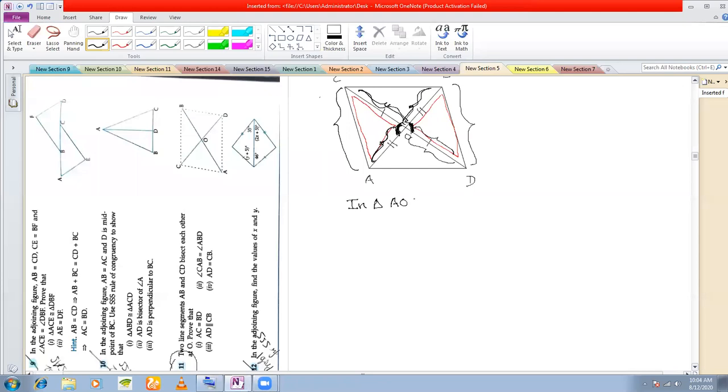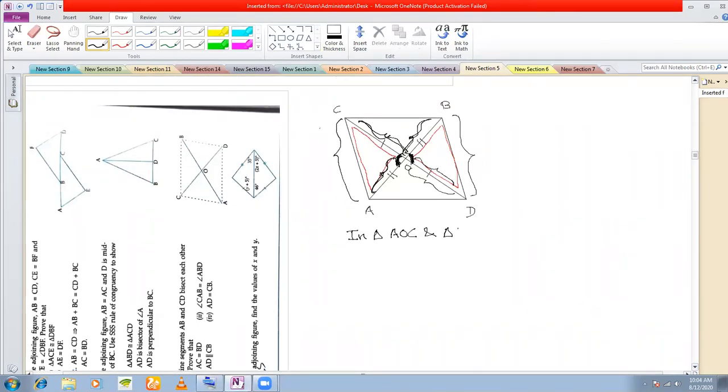AOC and triangle DOB, angle AOC is equal to angle DOB, vertically opposite angles.